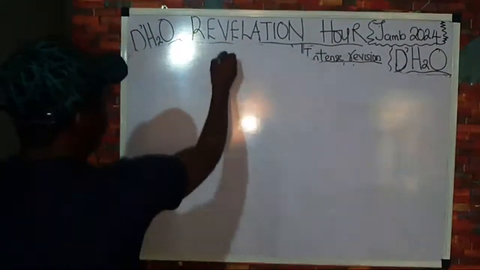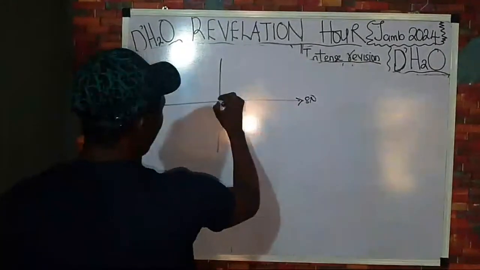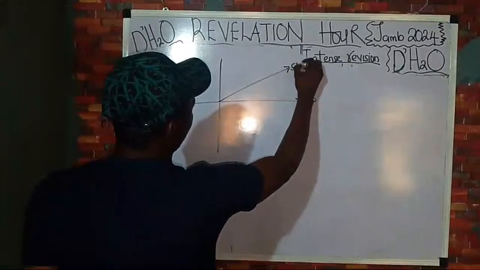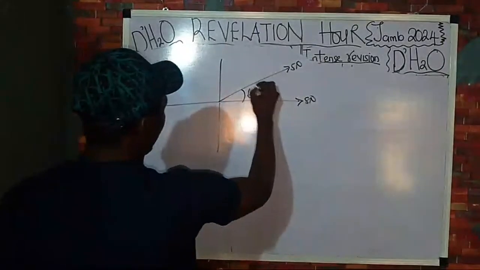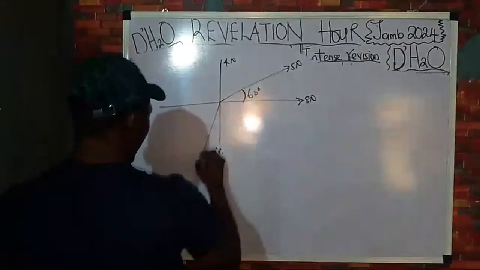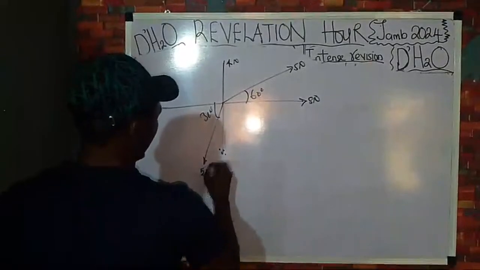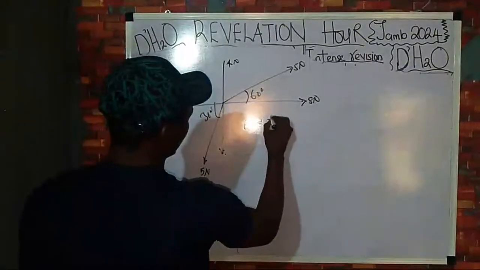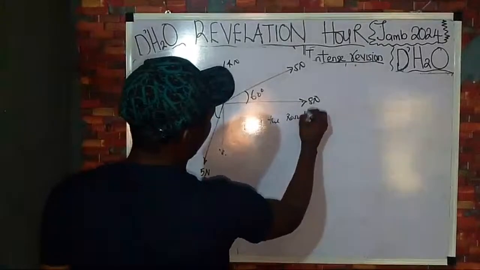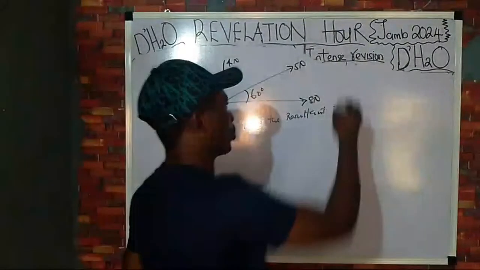Do this for me, please. Find the resultant. Do that fast, just 2 minutes, please.